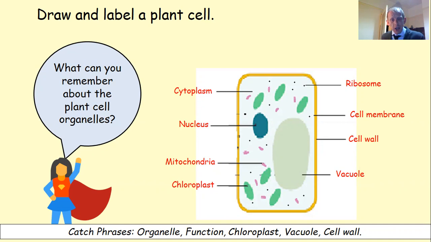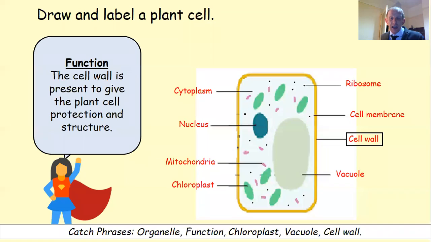So we're now going to go through the different functions of the plant-specific organelles. The first of these is going to be our cell wall. Now, the cell wall is made out of cellulose. I haven't included that on this slide, but I would advise adding that into your function. But the cell wall is present in a plant cell to both protect it and to give it structure.